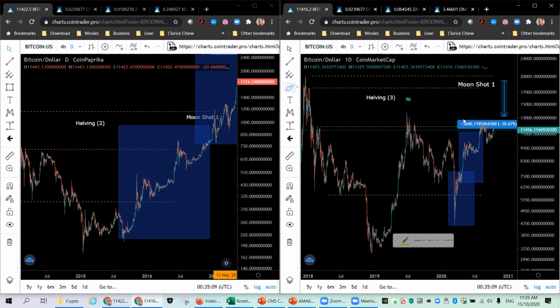As I said, when it goes up to moonshot 1, it will come back down, right? So that might coincide with some of the stock market or traditional market correction, and we'll see.